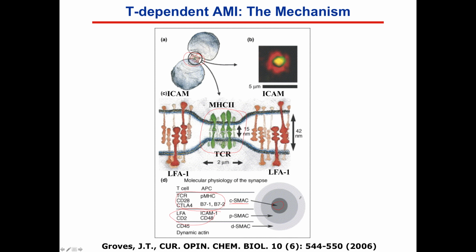This allows for tight contact between the cells, and it means that there are many interactions. It's not just one MHC2 interacting with one T cell receptor, but many MHC2s that are corralled and interacting with many T cell receptors.